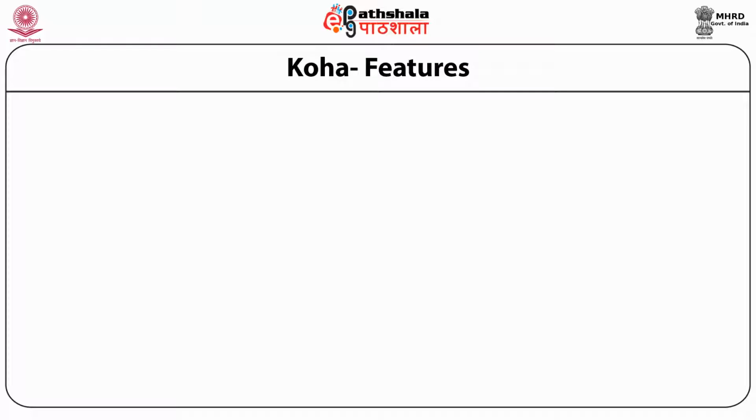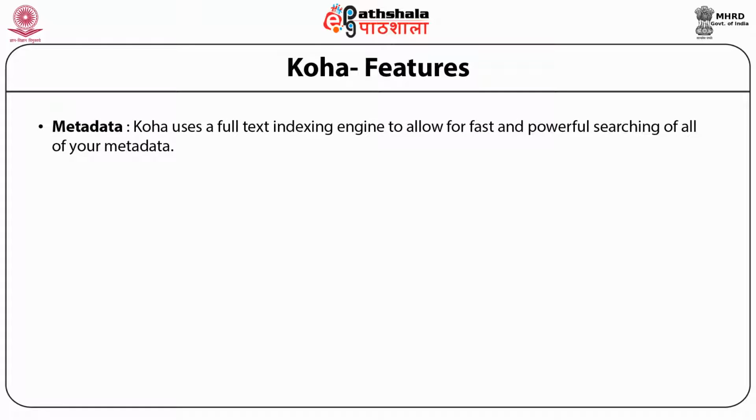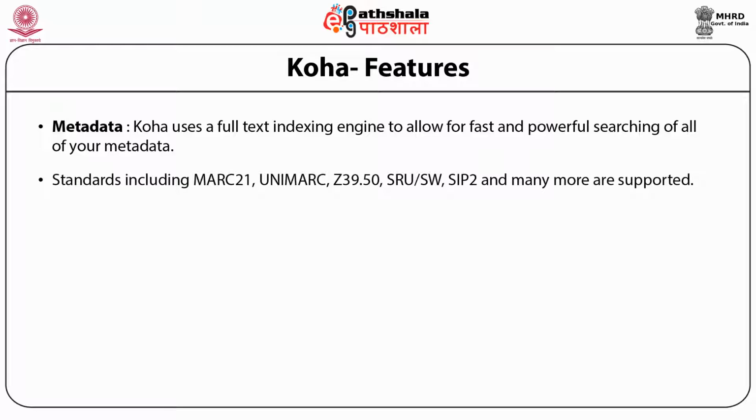Some other features of Koha include a full text indexing engine to allow fast and powerful searching of all metadata, and use of standards including MARC21, UNIMARC, Z39.50, SRU/SRW, SIP2, and many more.